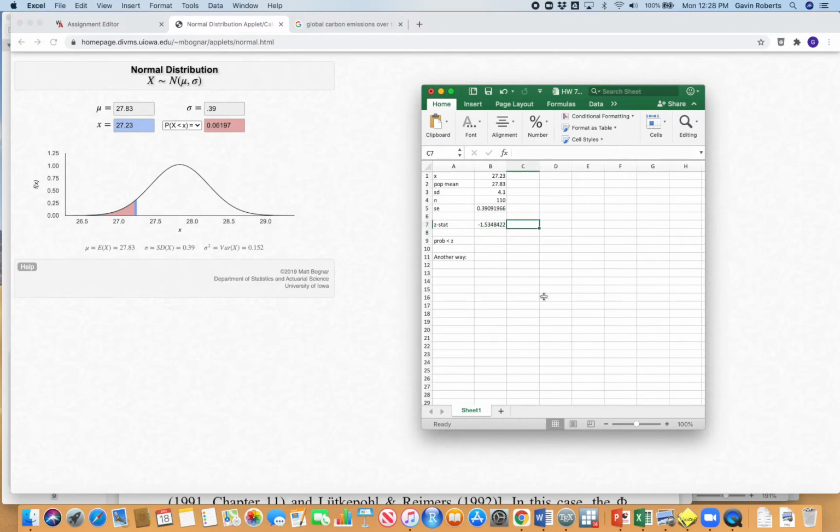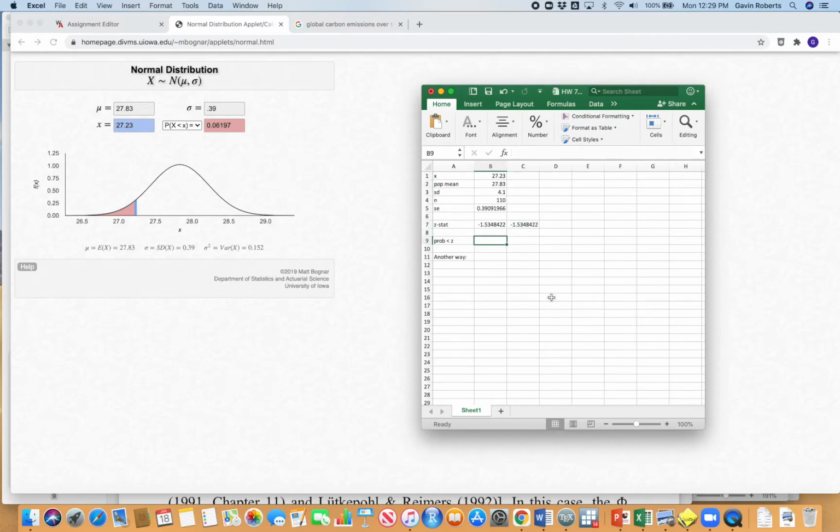Or another way to do that, they say 0.6 below, so we could always do equals minus 0.6 divided by the standard error, and that's going to give us the same number. Just think about why that is. Here we were just taking the difference, but where did we get that difference? We took minus 0.6 from the population mean.